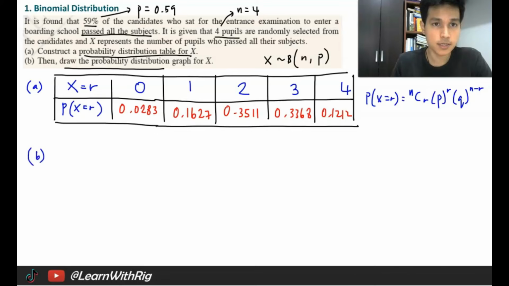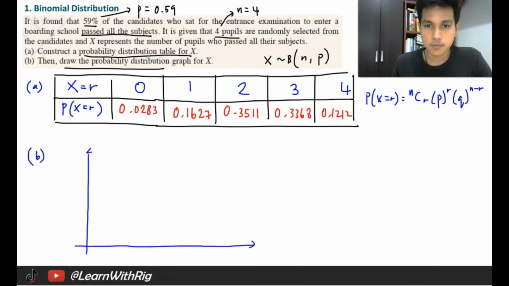Once you're done with this, then you can draw your graph. The x-axis represents the r value, and the y-axis will represent the probability of the r values. So let's say we have 0, 1, 2, 3, and 4.